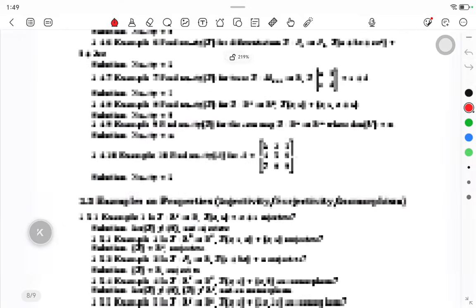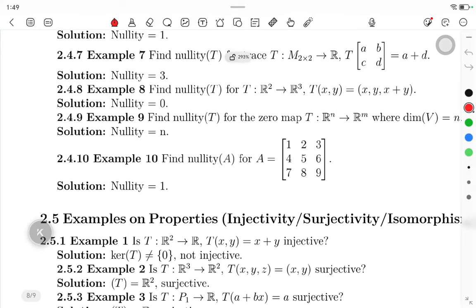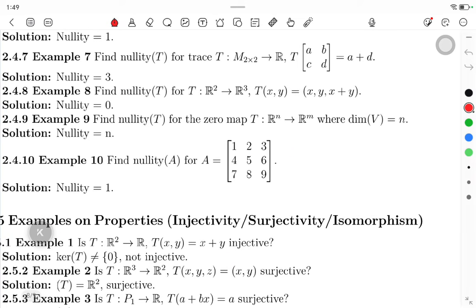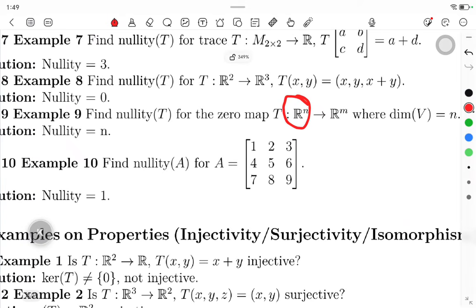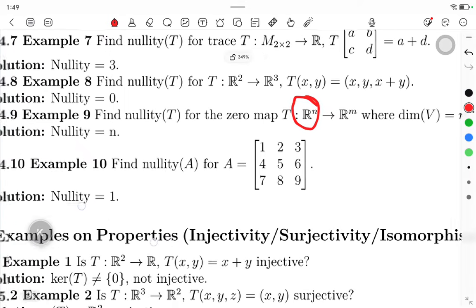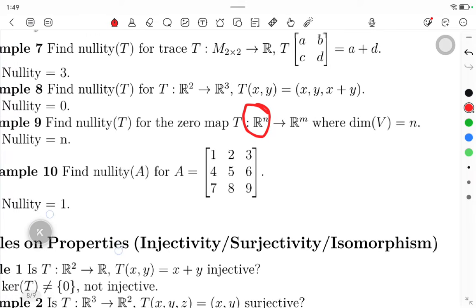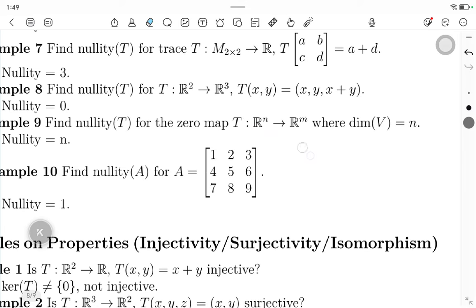Then on this one, they say find the nullity of T for the zero map from R^N to R^M, where the dimension of V is N, meaning the dimension of this one is N. And then the nullity of T will still be N there. Then what will be the rank in this question?